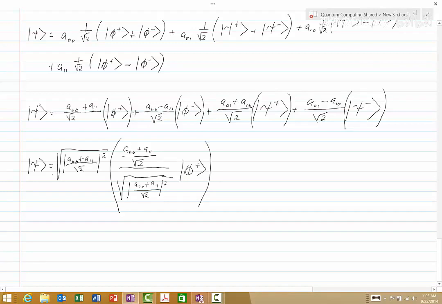Okay, you can see now that this looks exactly like what we've had before, because now this will play the role of our first outcome. And notice that clearly it has a magnitude of 1 here, because I simply have this coefficient divided by the magnitude of that coefficient, and then over here we have the magnitude of that coefficient.